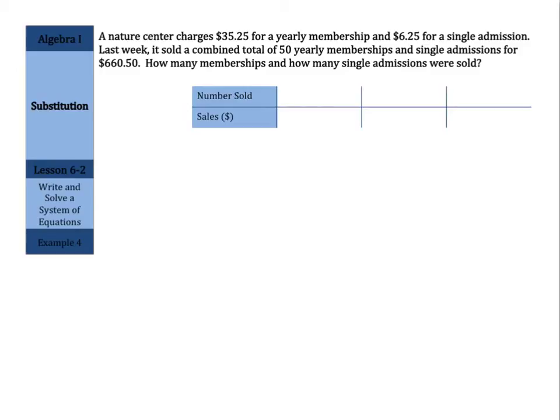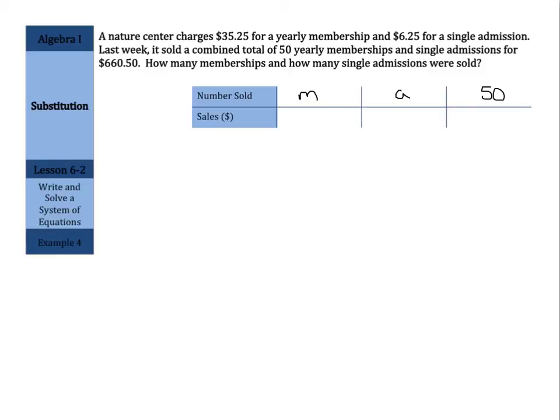For the numbers sold first, let's say that the number of yearly memberships sold were M. We don't know yet. Let's say that the number of single admissions were A. But we do know that it added up to be a total of 50.